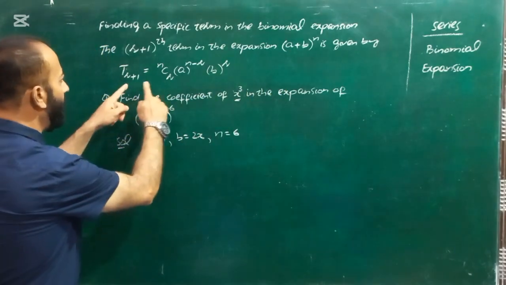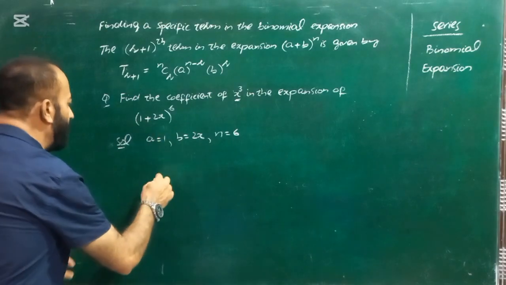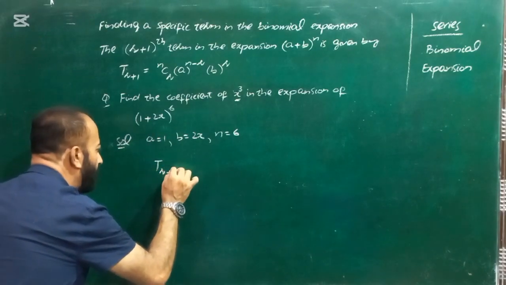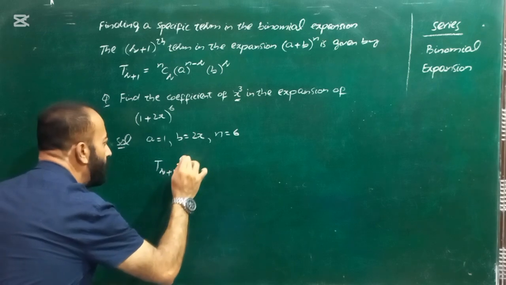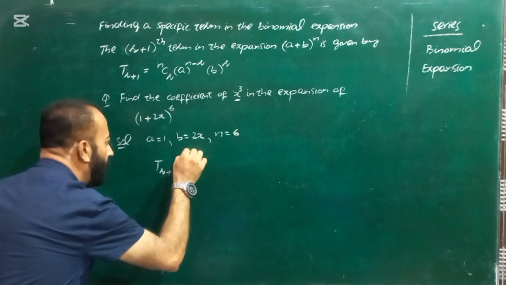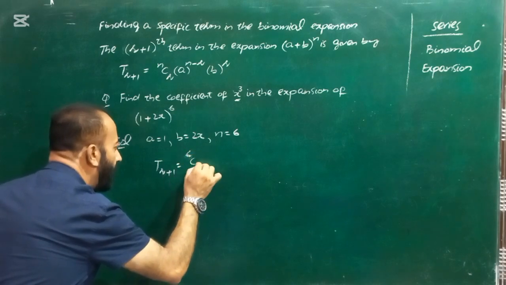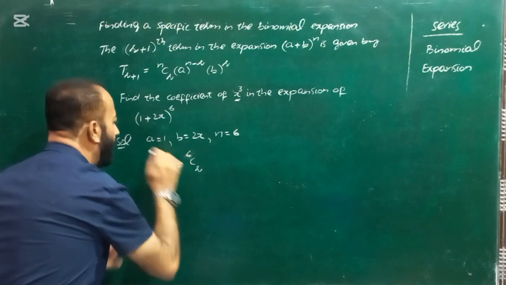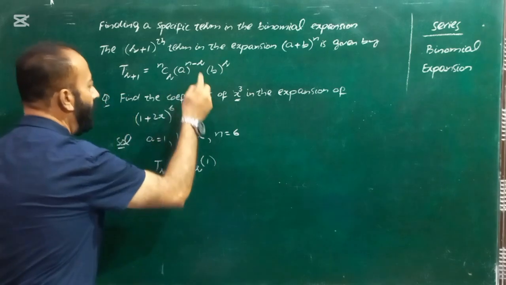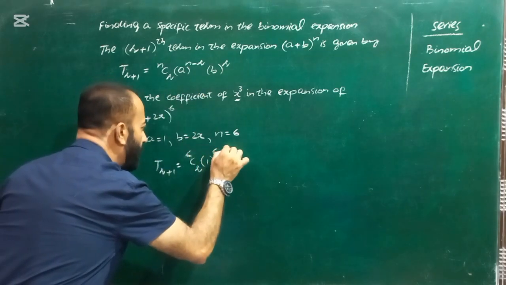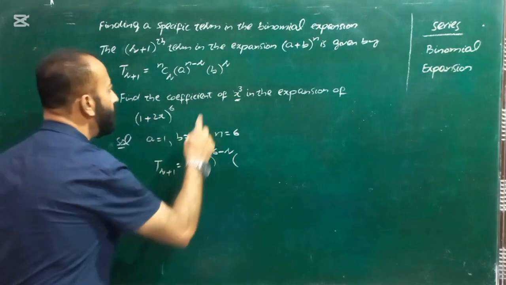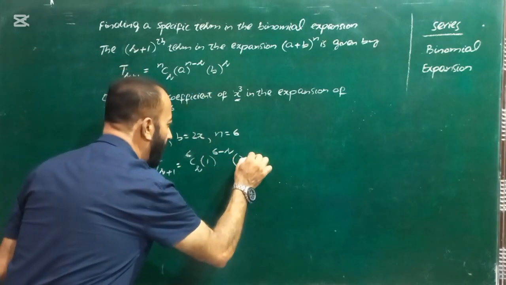So putting values into this formula of the specific term, that is T(r+1) is equal to n, that is 6, 6Cr a, that is 1, raised to the power n minus r, that is 6 minus r, into b, that is 2x raised to the power r.